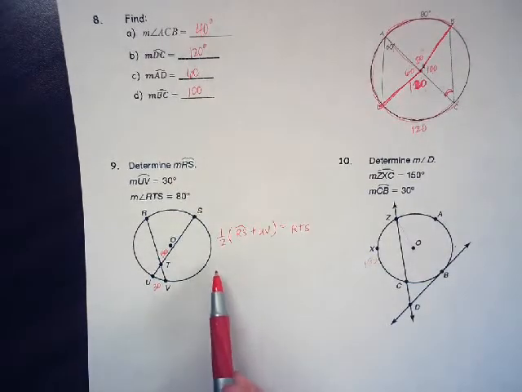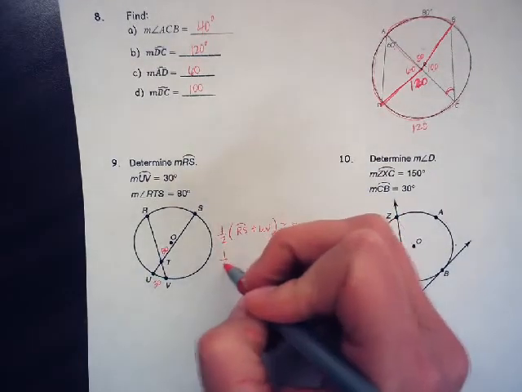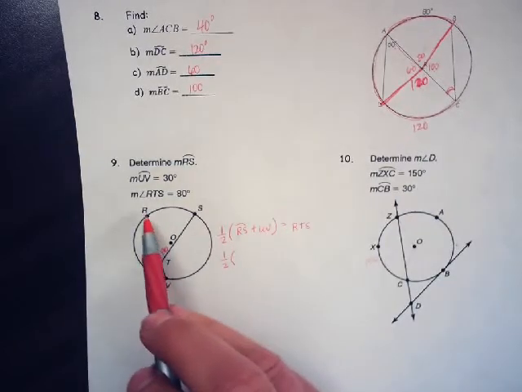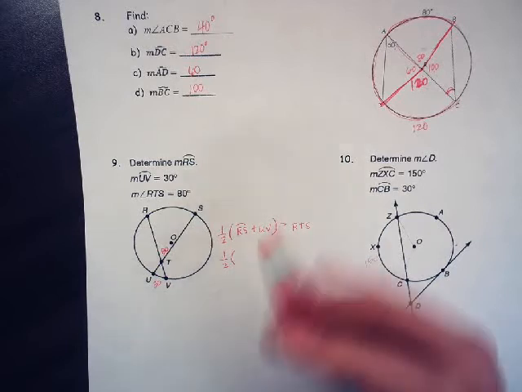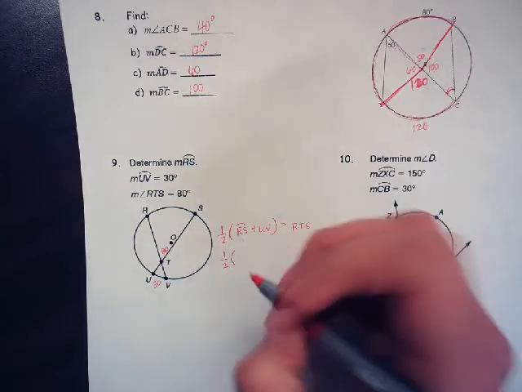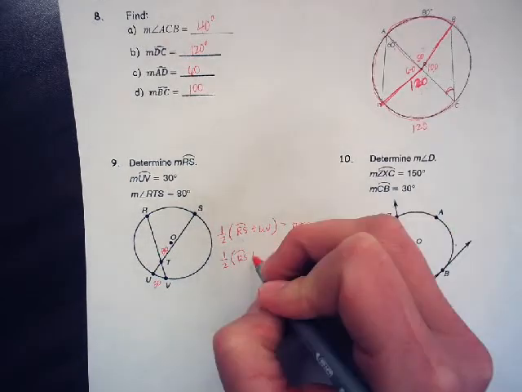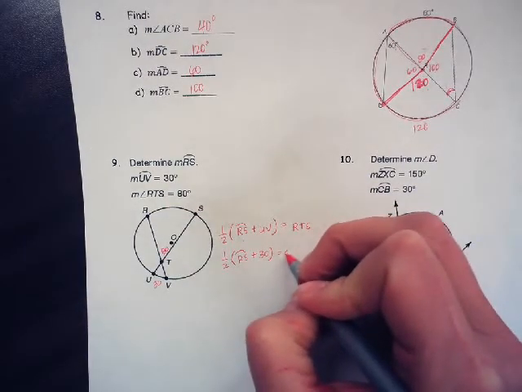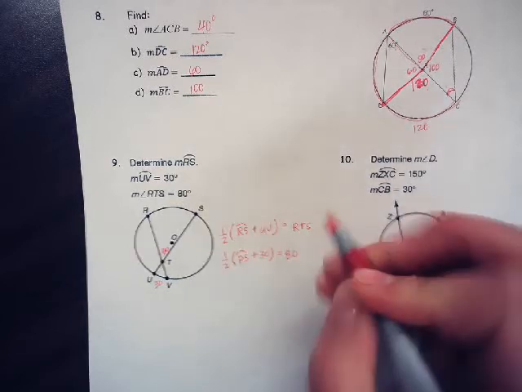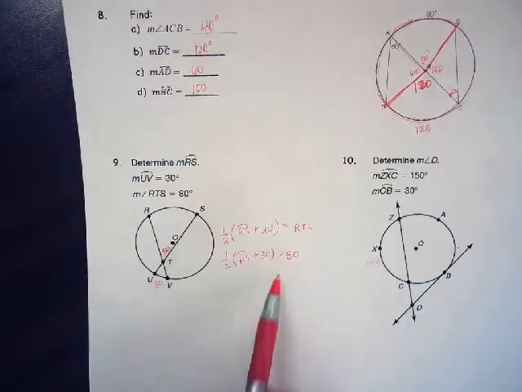So let's fill in what we know. We have 1/2. We don't know RS, that's what I'm trying to find. So I'm just going to put RS plus UV, which it tells me is 30, and that equals 80, because angle RTS is 80.